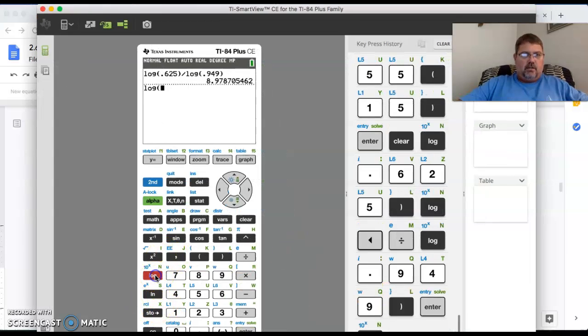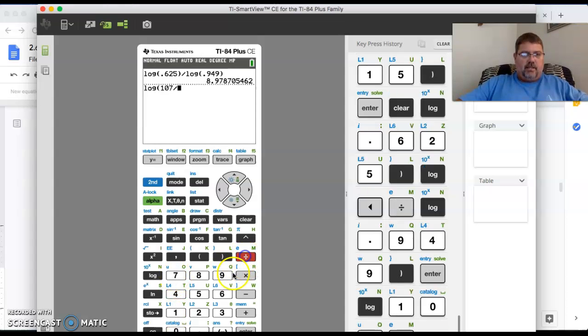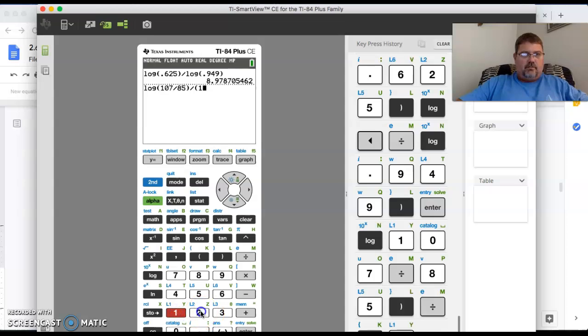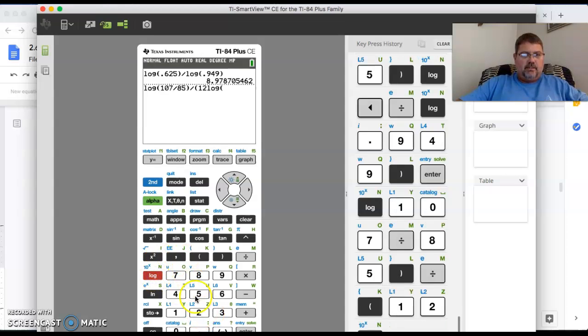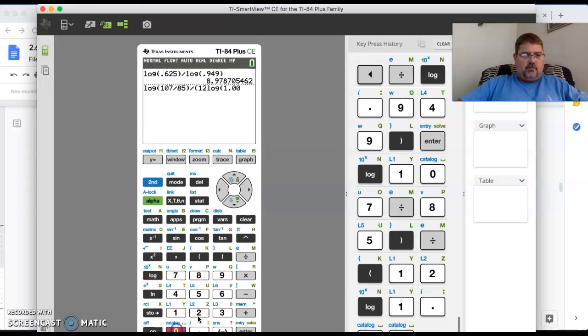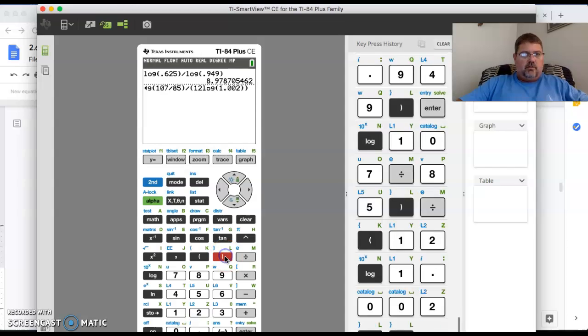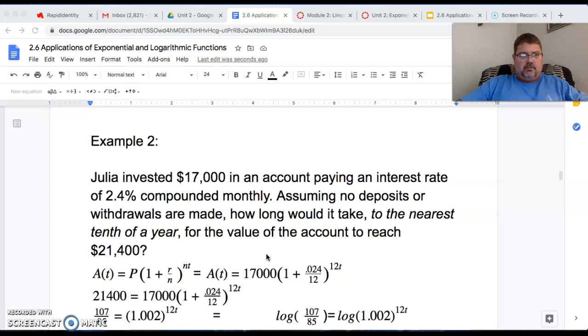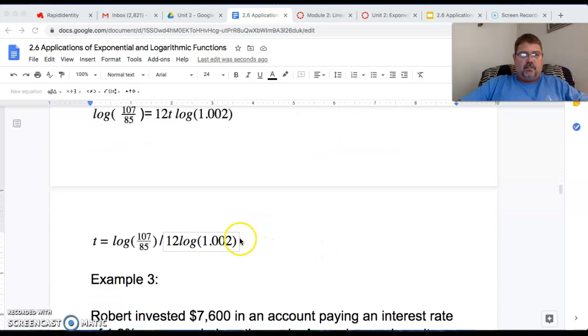So we're going to have log of 107 divided by 85, divided by, be careful with this, I'm putting that in parentheses for a reason, 12 log 1.002, close, and I get 9.6. So we'd say approximately 9.6 years to the nearest tenth of a year. Okay, so we could say approximately 9.6.